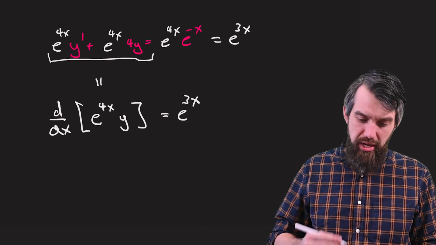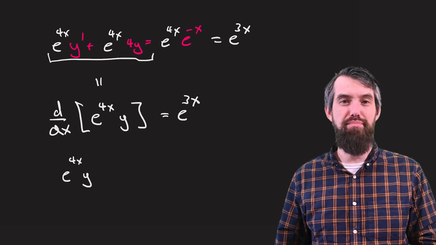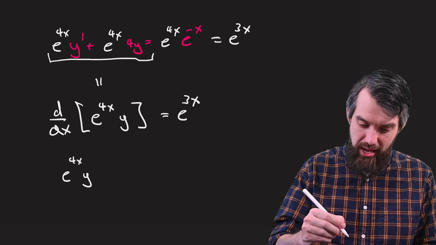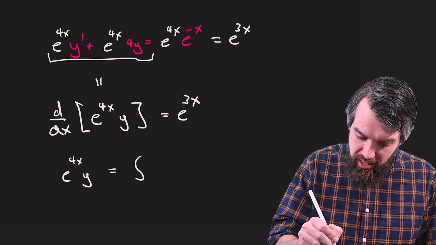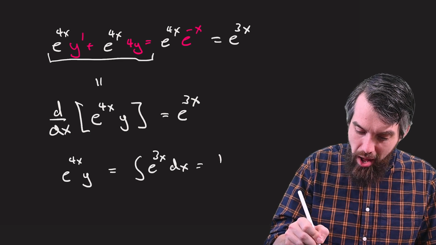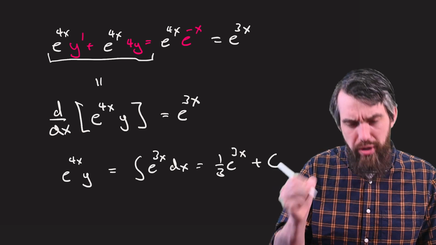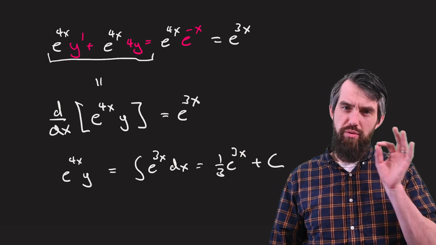Okay, so now I'm going to integrate, and that's going to give me on the left e to the 4x times y. All I'm doing here is integrating a derivative, so it cancels. And then this is the same thing as the integral of e to the 3x dx, which is 1/3 times e to the 3x. And now I am going to write down a plus c. You might think this is a little odd.